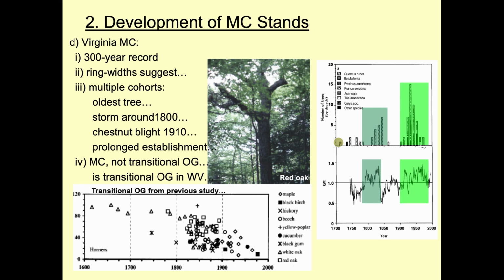So in this Virginia system, these 2 discrete disturbances drove the multi-cohort stands instead of having more internal disturbances, more internal interactions like trees dying from competition and old age. You actually have these 2 separate disturbances driving multi-cohort stands.